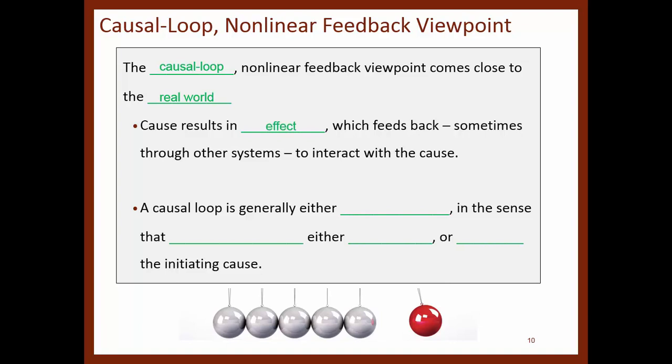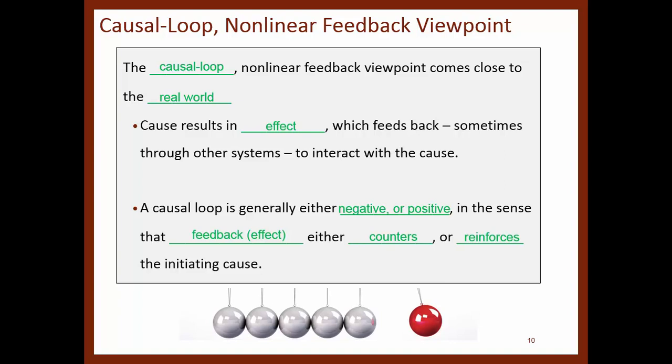Cause results in effect, which feeds back sometimes through other systems that interact with the cause. A causal loop is generally either negative or positive in the sense that feedback or the effect either counters or reinforces the initiating cause. So this is a very simple example here.